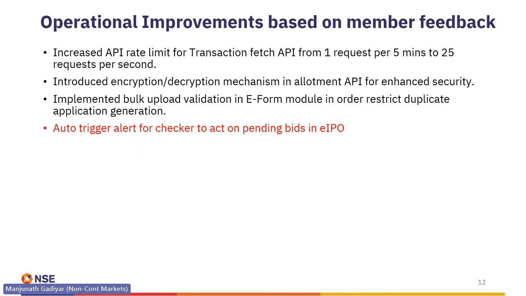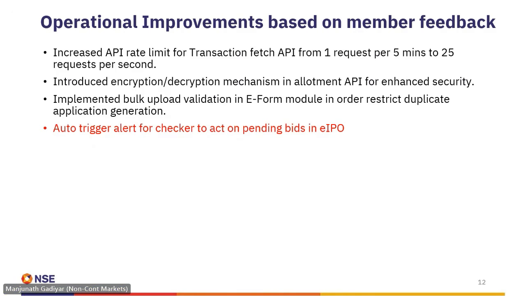So now there will be auto trigger mails from 1 p.m. onwards. At every regular 1 hour interval, the checker will get a notification saying that the bids are pending, which he has to act upon. The moment he acts upon those bids, the alert will stop.